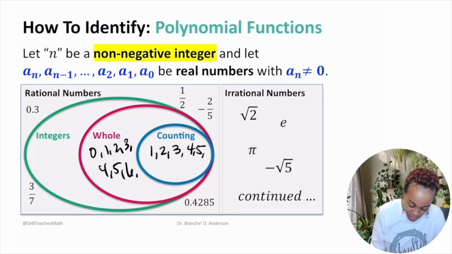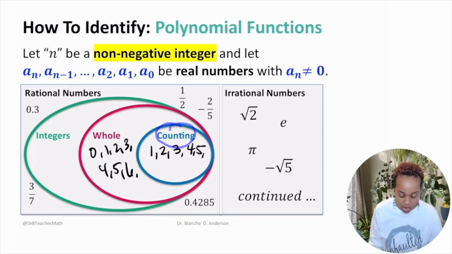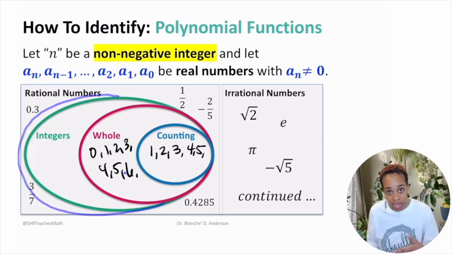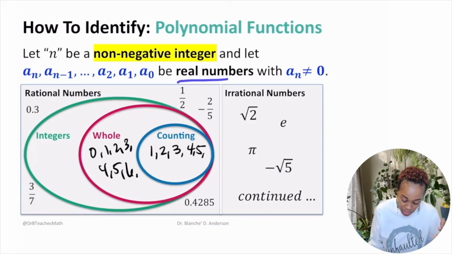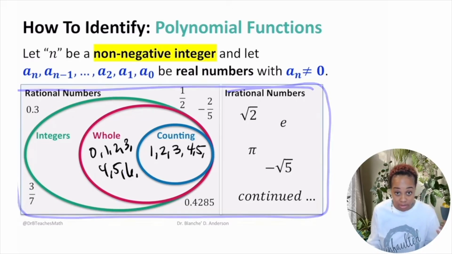The only difference is that now you've incorporated 0. And then you jump into integers. Notice counting numbers is small, whole numbers includes your counting numbers, and integers includes whole numbers and counting numbers. So when they say real numbers, they mean anything in this box here.